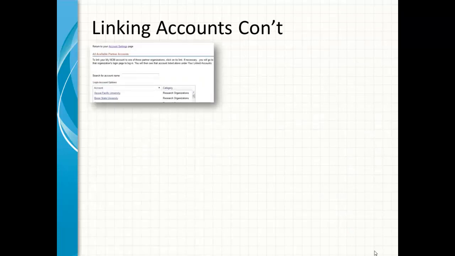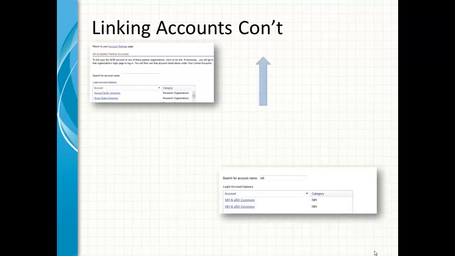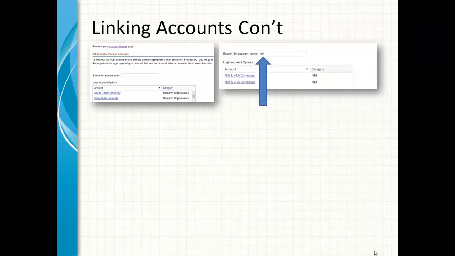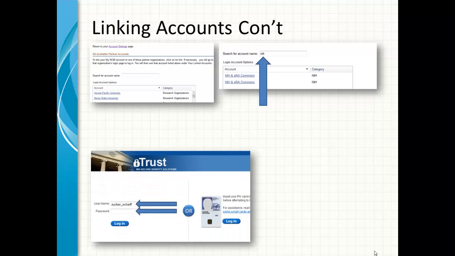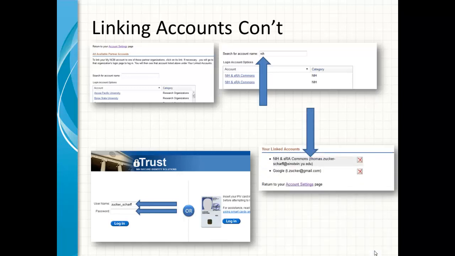In the Search for Account Name box, type in NIH, upper or lowercase, then click the first link. When you are asked to log in, enter your ERA Commons login name and password. Under your linked accounts, NIH and ERA Commons should now appear as one of the linked accounts.